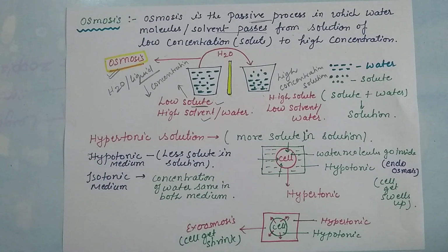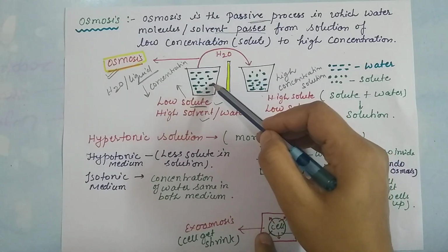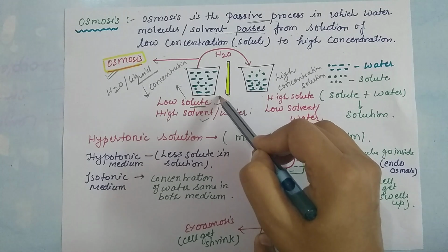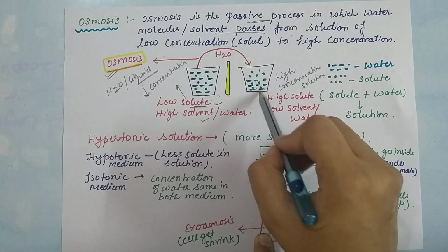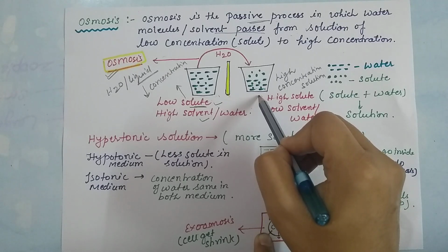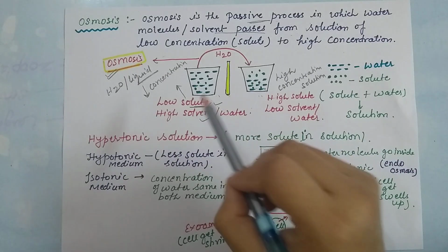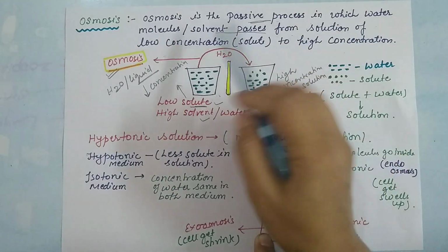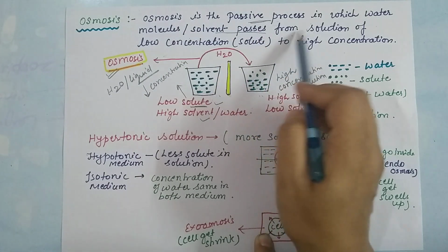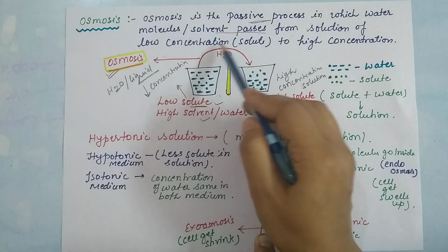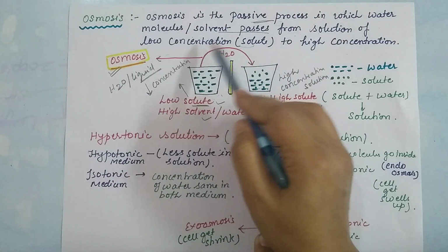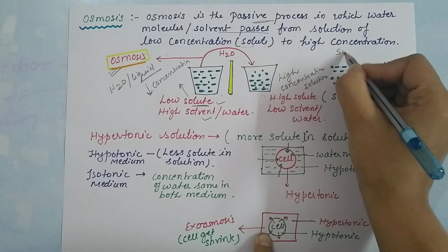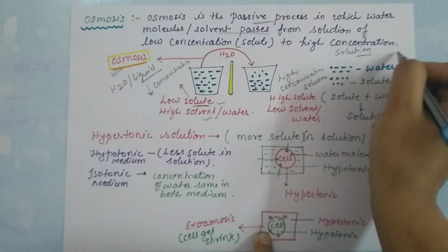So the water molecules move from the solution having low concentration to the solution having high concentration. Osmosis is a passive process in which water or solvent passes from a solution of low solute concentration to a solution in which solute is more.